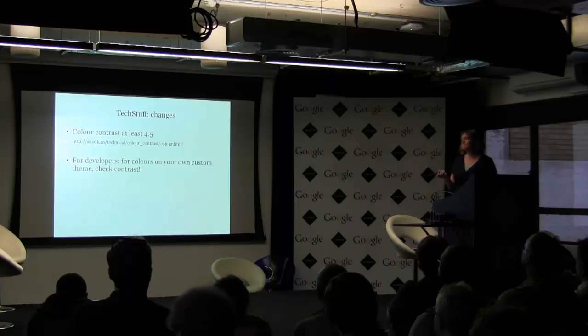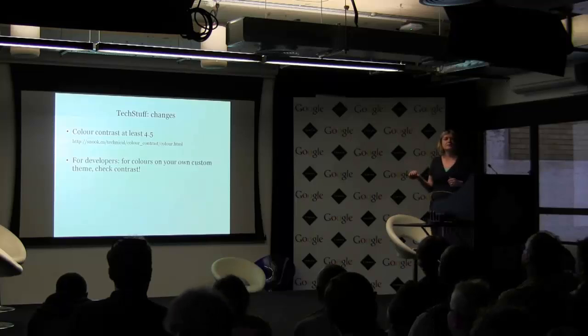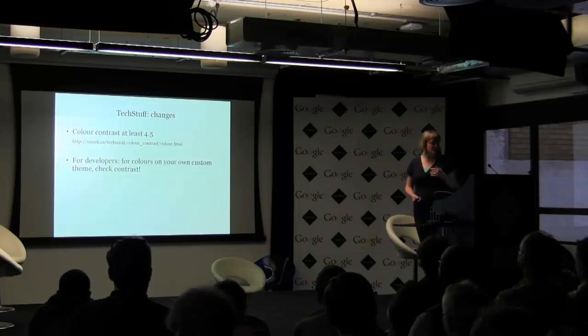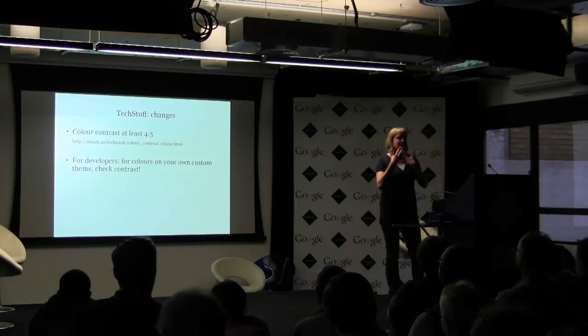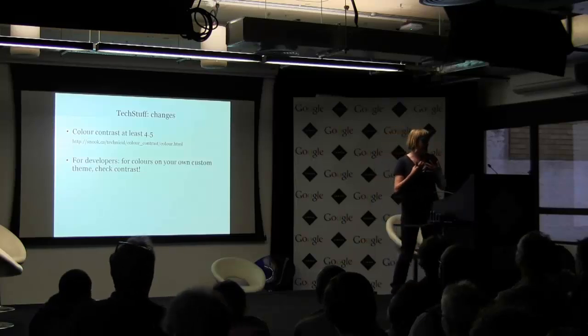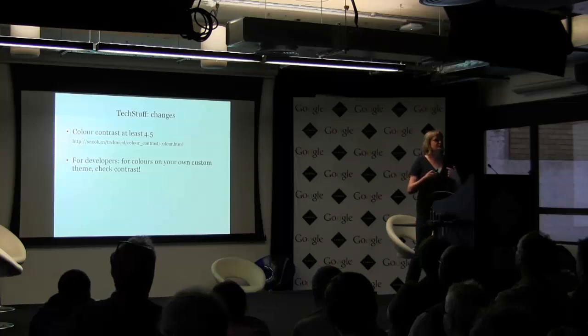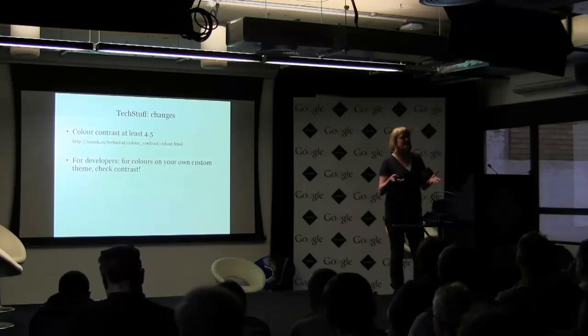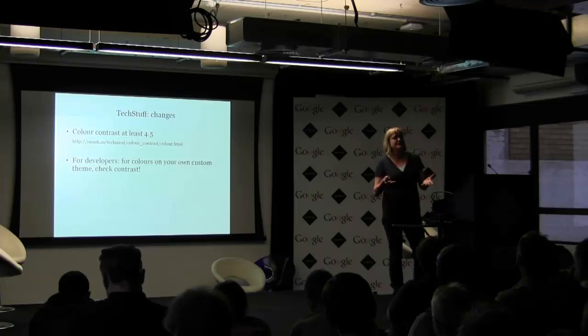So the tech stuff now. What I did with the theme, I made a color contrast ratio of 4.5. That's the contrast between the background and the text. It must be 4.5. There are websites, there are tools where you can calculate if that's 4.5. That's not only good for people who don't see well, but it's also good when you have a tablet and you read it in the sun.